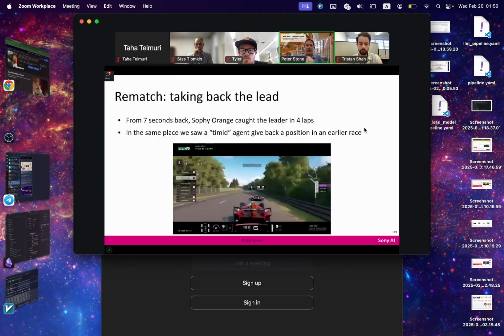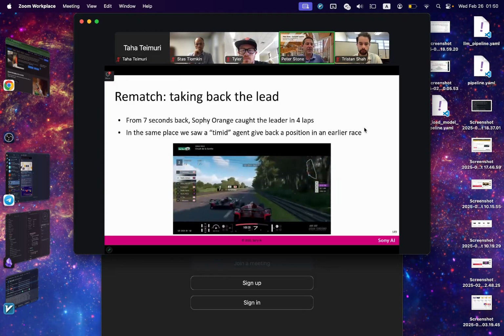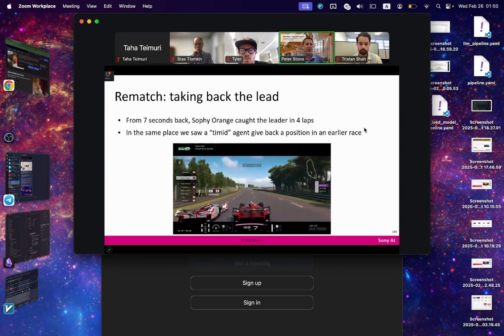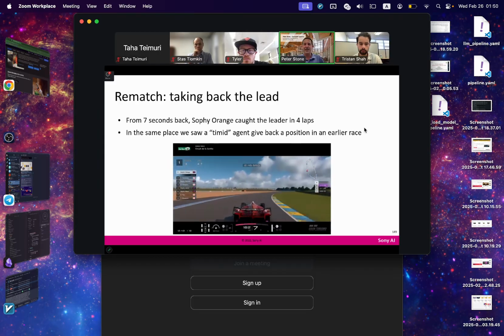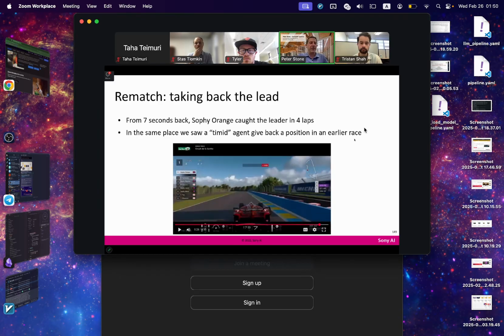The person is moving around to make it hard to get into the slipstream. GT Sophie is able to do it, and then is able to edge around the person, and then get a line here where after this next turn it is in the lead, and then never looked back and never gave up the lead in this race.